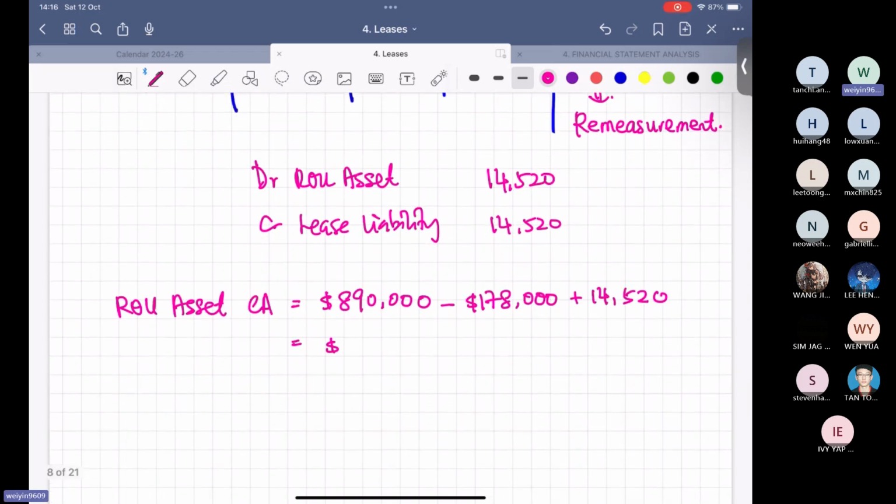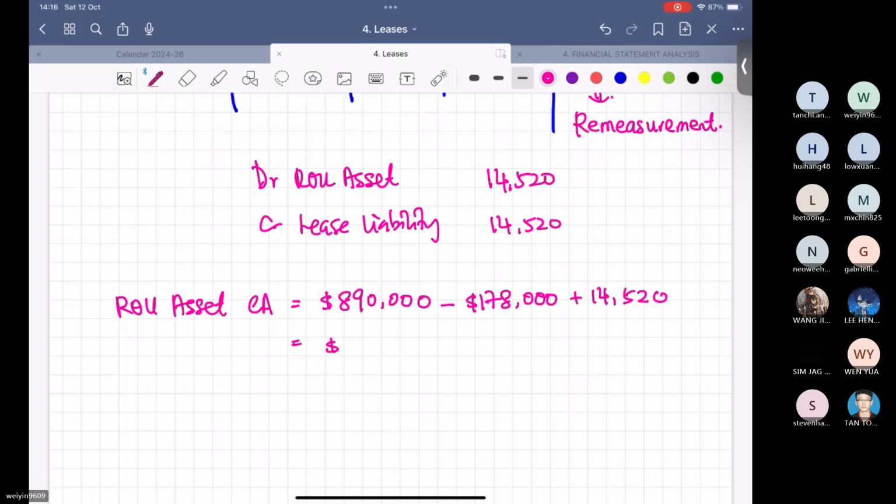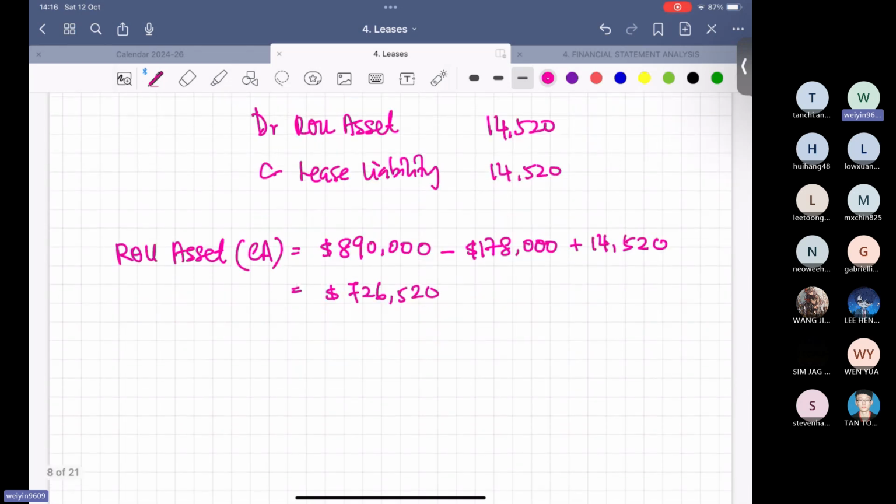So I calculate. Okay, I got 726,520. So this is my new carrying amount. This new carrying amount, I need to go for depreciation.